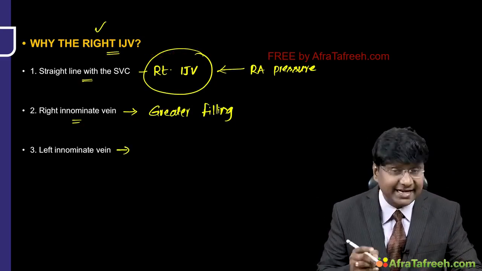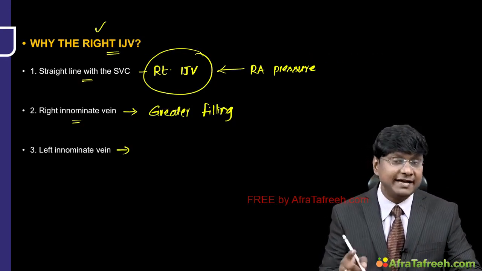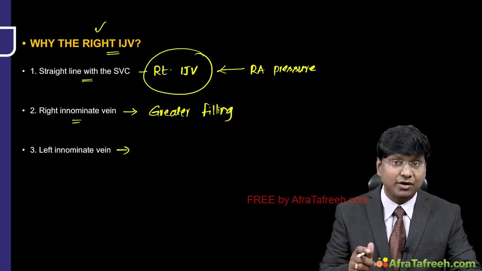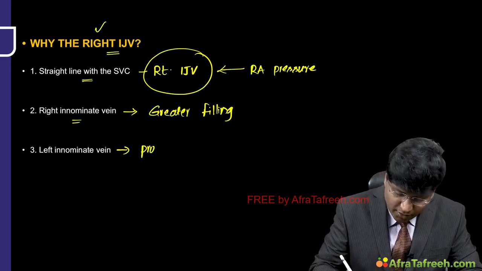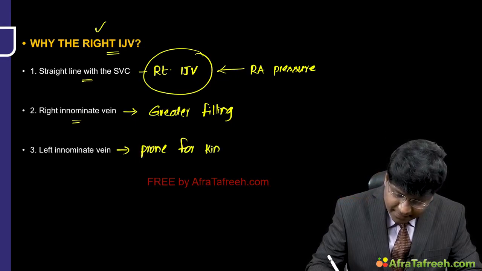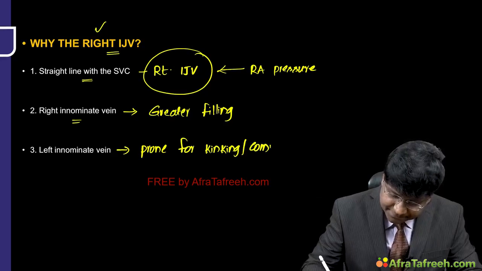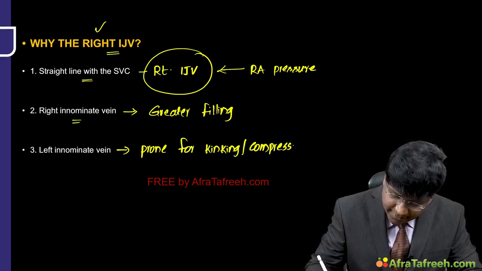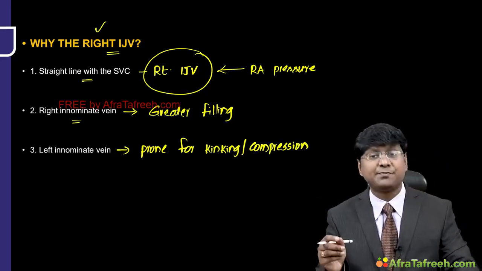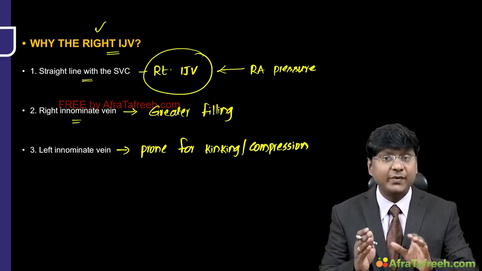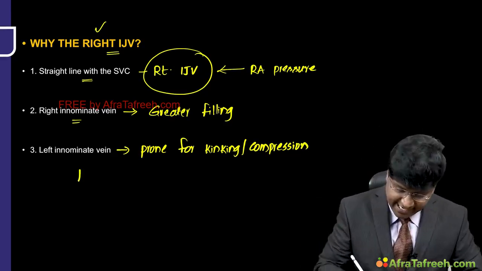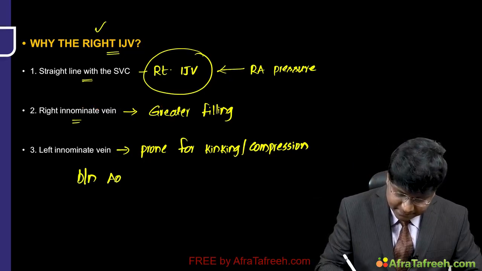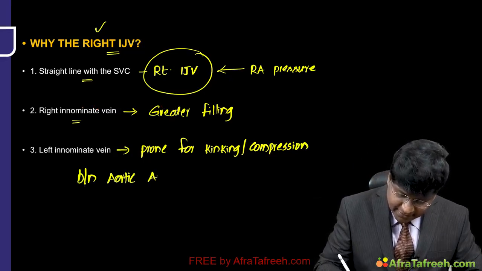Whereas the left brachiocephalic vein, or left innominate vein, is prone to kinking, right? Or it is prone to compression between the aortic arch and the sternum, right? Between the aortic arch and the sternum.